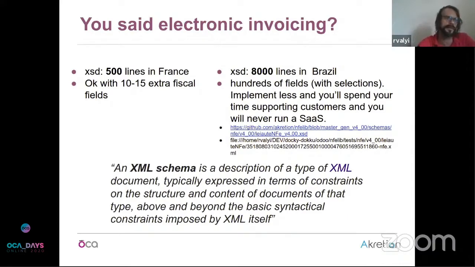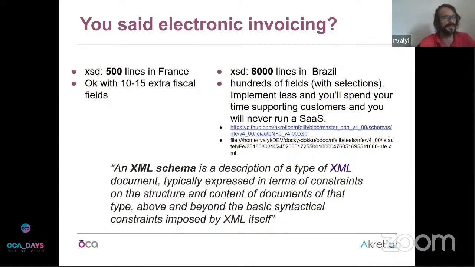So in France, for electronic invoicing, and in fact in all of Europe, I believe, you have a 500-line XSD schema file. In France, because Odoo already has lots of invoice fields.